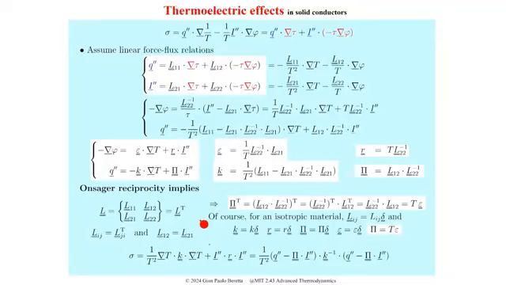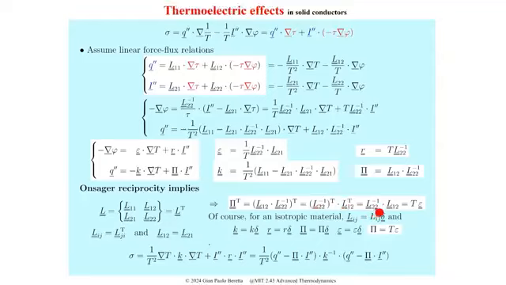you may notice that there is a relation between the Peltier tensor and the Seebeck tensor. If you take the transpose of the Peltier, the transpose of a product of matrices, you have to also change the order of the product of the transposed. And then you apply Onsager symmetry.